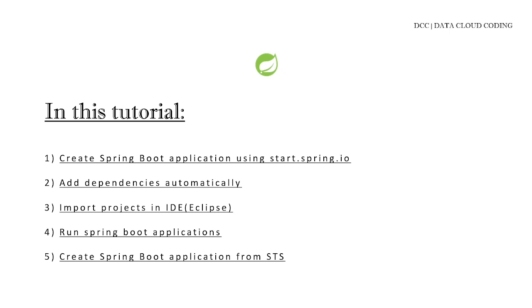Also, we saw how we can create Spring Boot application from Spring Tool Suite. We also checked how to add controller classes inside my Spring Boot application and how to map simple method URLs to any method defined in my controller class.